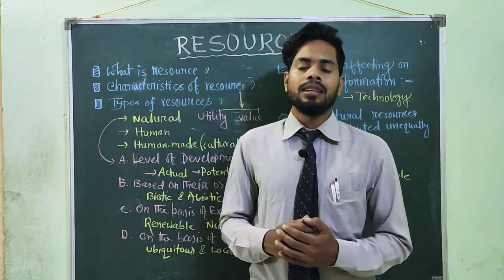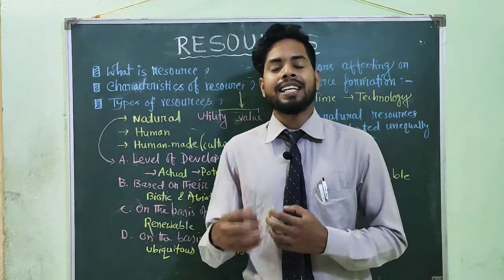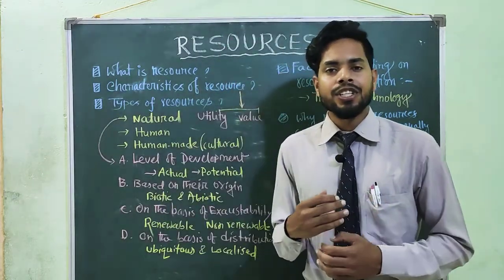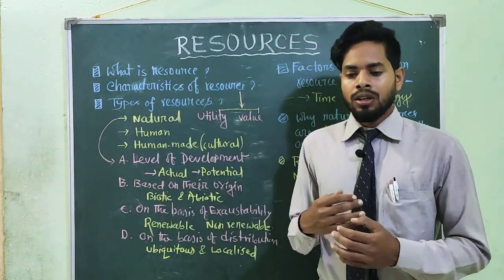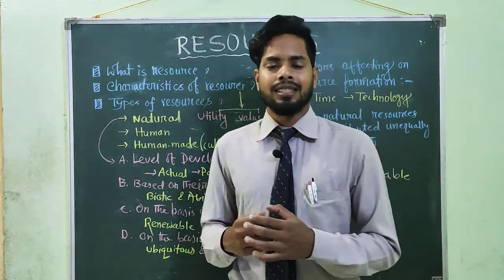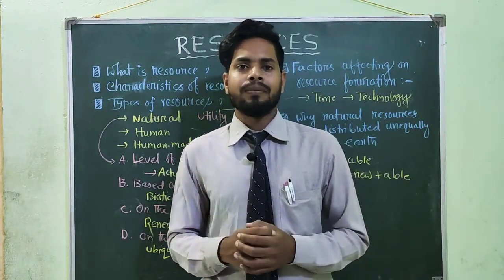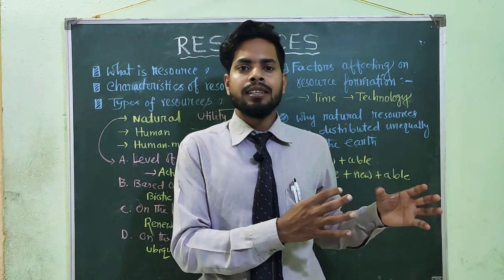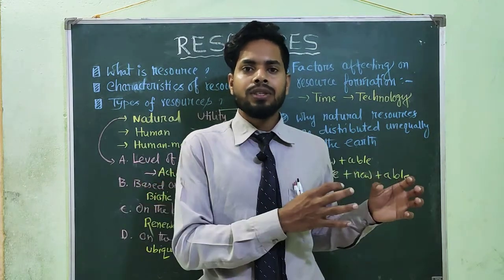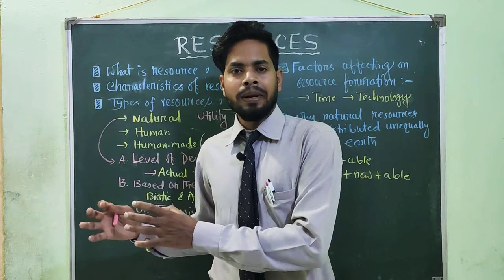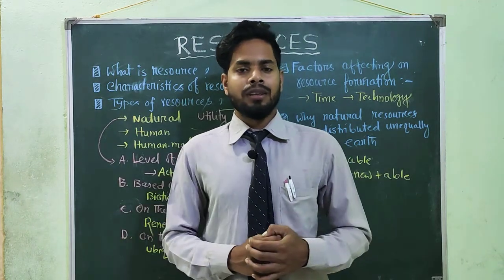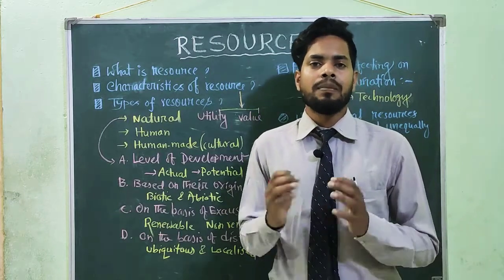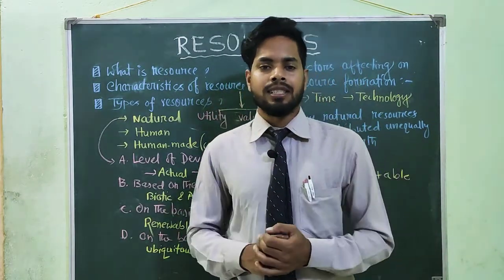After the definition, we see what the characteristics of a resource are. There are so many characteristics like utility, functionality, accessibility, demand, values, eco-friendliness, and so on. But in class 8, we mainly discuss two main characteristics.